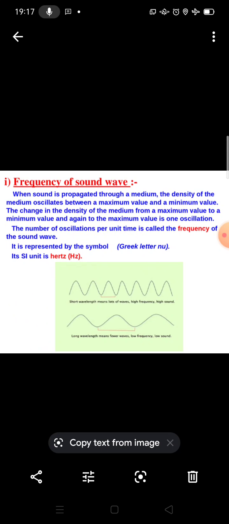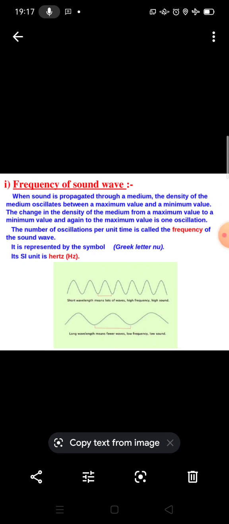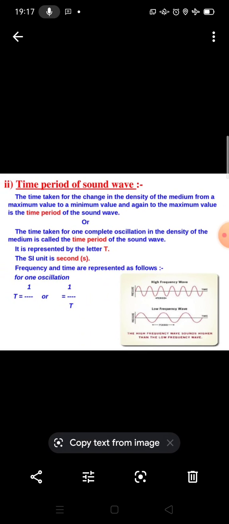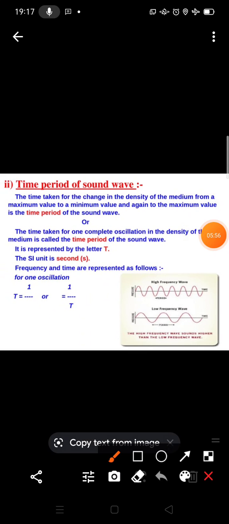Okay. Now students, we will discuss the time period of the sound wave. Listen, students. The time period of the sound wave is the time taken for the change in the density of the medium from a maximum value to a minimum value and again to a maximum value.